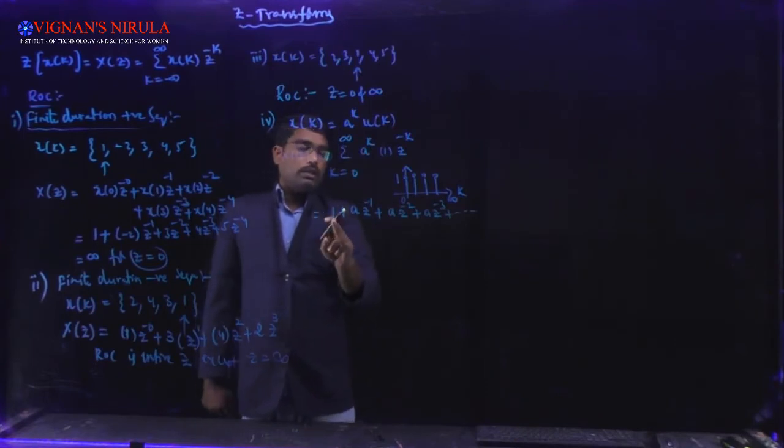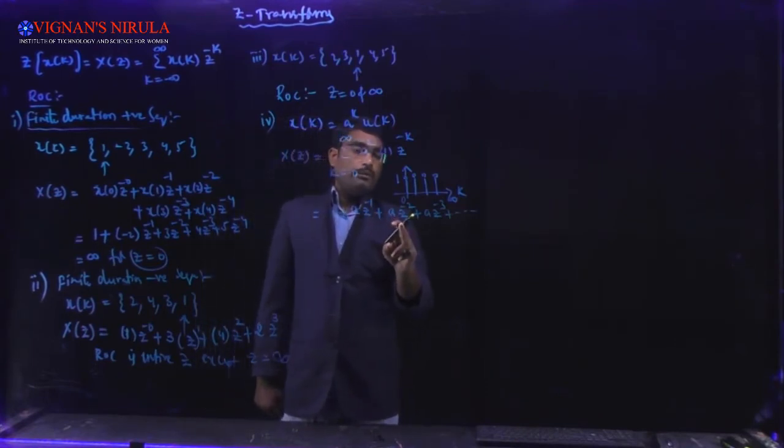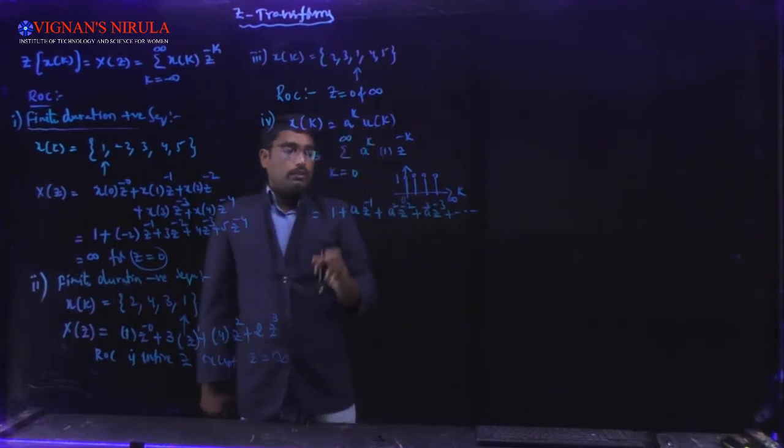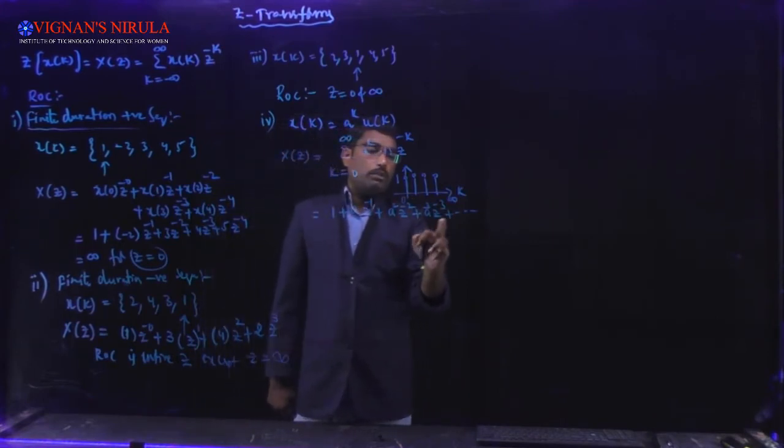So it looks like 1 plus r plus r square plus r cube.